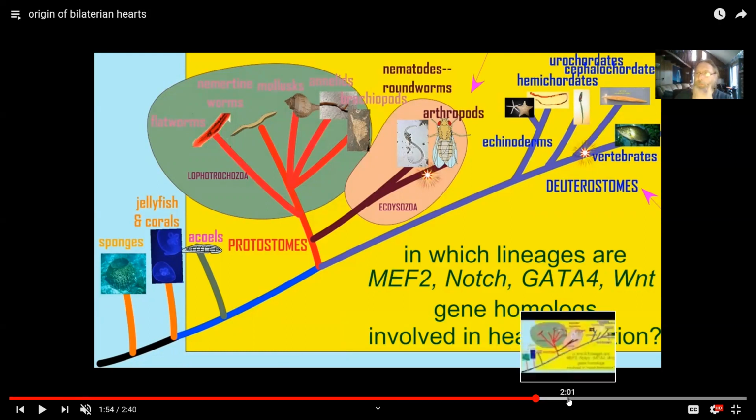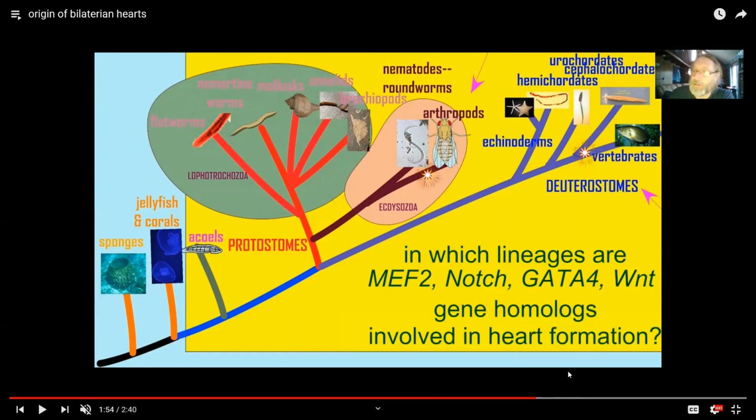Well, you would want to suggest that maybe hearts evolved separately. But the reality is that when the human embryo says, put a heart here, it's using a number of genetic signals that are the same signals as an arthropod embryo uses to say, put a heart here.